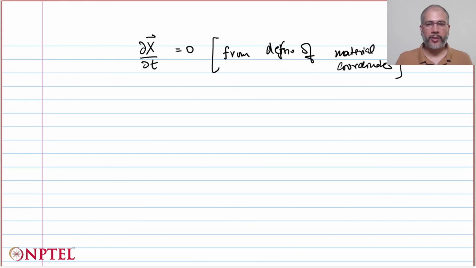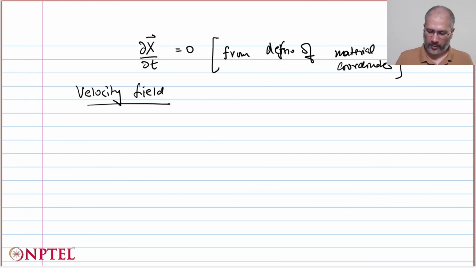Now we defined the velocity of a point P, but typically we'll talk in terms of a velocity field, that is velocity of any given point. So that velocity field will be expressed as x dot of the position field, that is small x vector, which basically means it's del by del t of small x, which is a function of capital X and t.